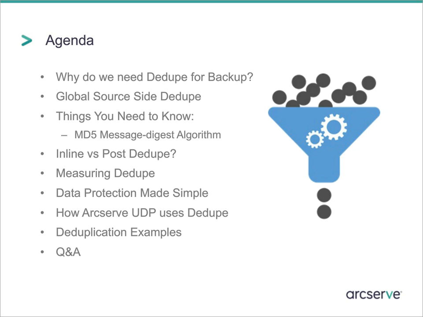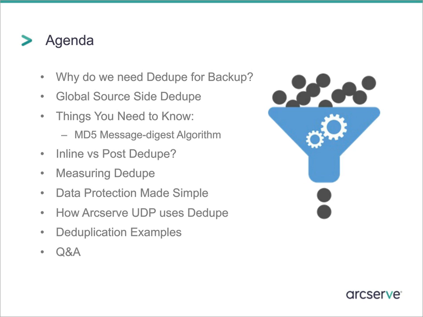I'm also going to talk about the different types of dedupe available, inline versus post level dedupe, and what the implications are for both, and what the benefits and the drawbacks are, as it were. We're going to talk about how we measure dedupe, because that in itself is a very interesting conversation. There are a lot of vendors out there that will give you headline ratios.